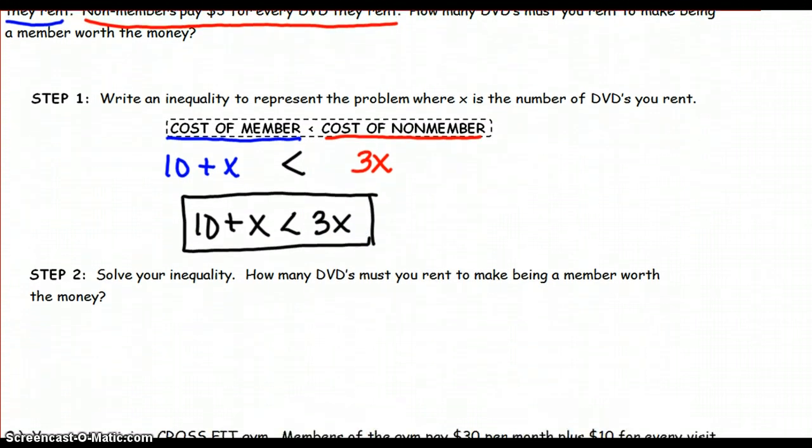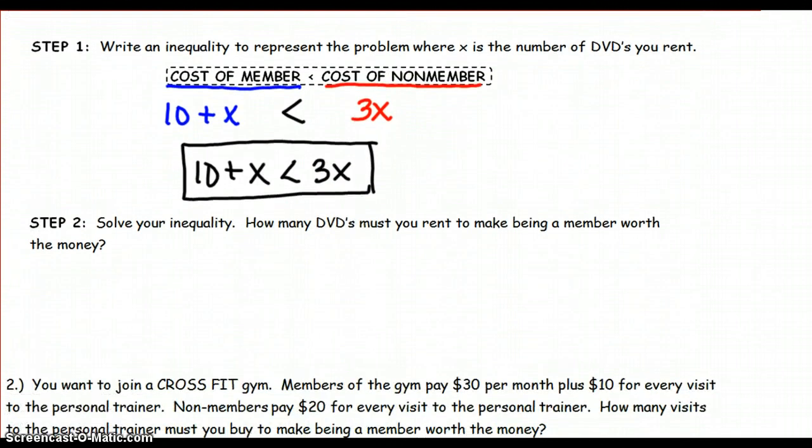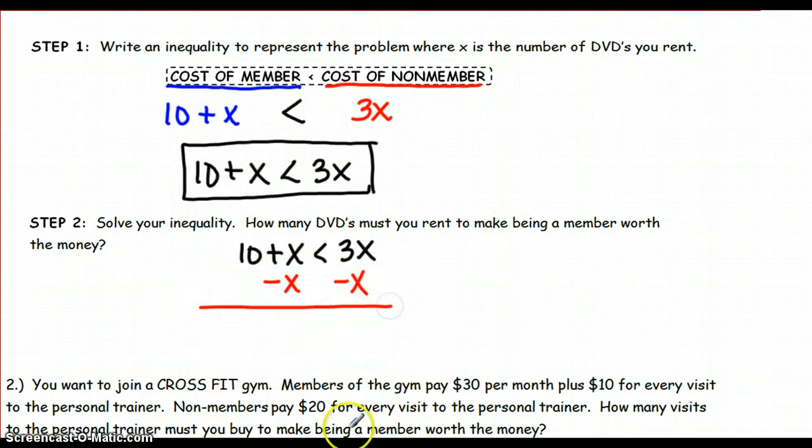Step 2. Solve the inequality. How many DVDs must somebody rent to make being a member worth the money? So I'm just going to go ahead and rewrite the problem, and then we're going to solve it. To get our variables on the same side, we're going to subtract X from both sides. And when we do that, we get that 10 has to be less than 2X. And then the last step is to divide both sides by 2.